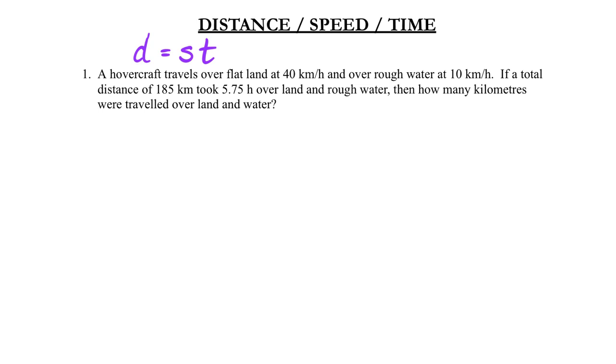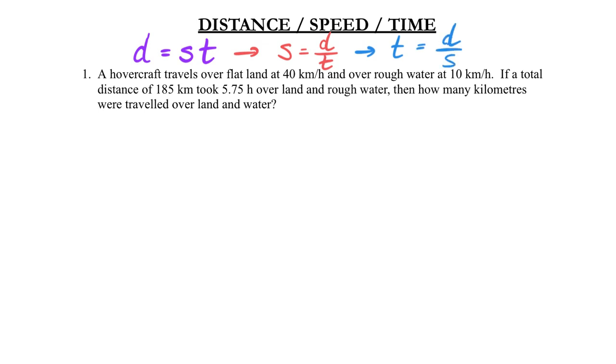And if you can remember that purple logically, then I hope that your other stuff just kind of comes from your algebra. The conclusion to that could be that if you ever wanted to know what speed was, then you need to divide out your time. Or if you ever needed to know what time was, then you could divide out your speed.